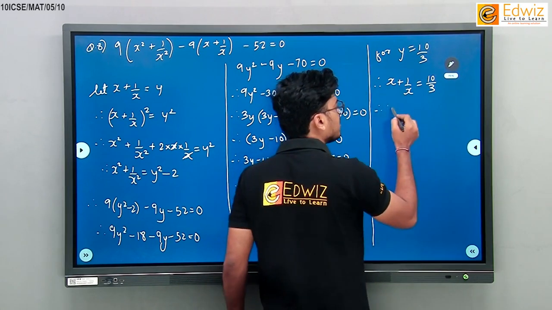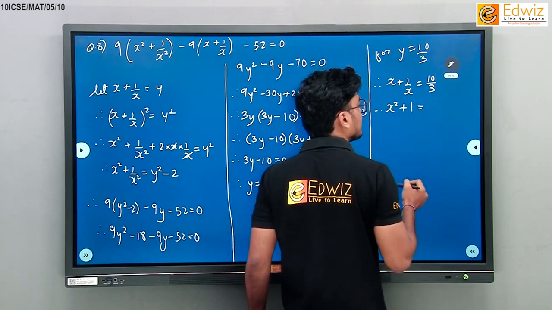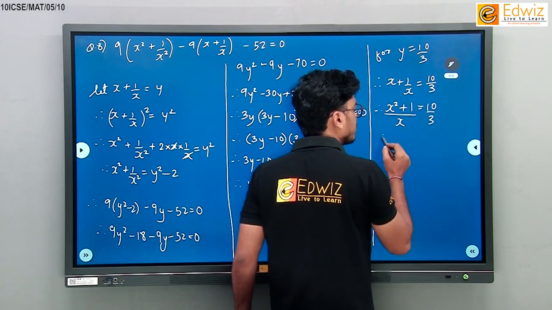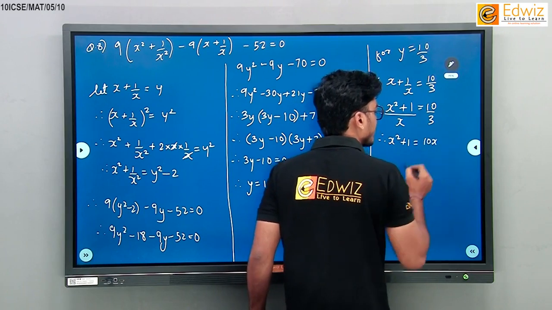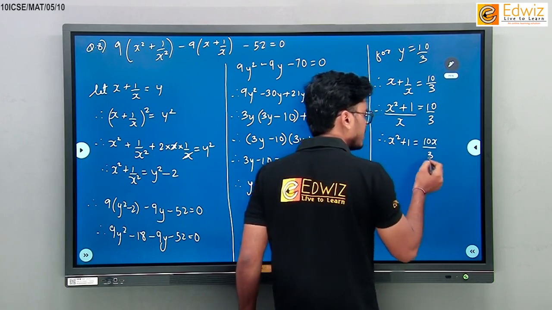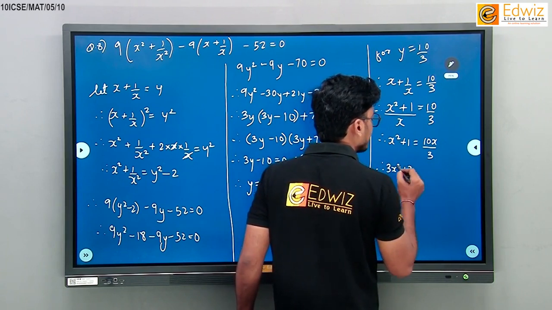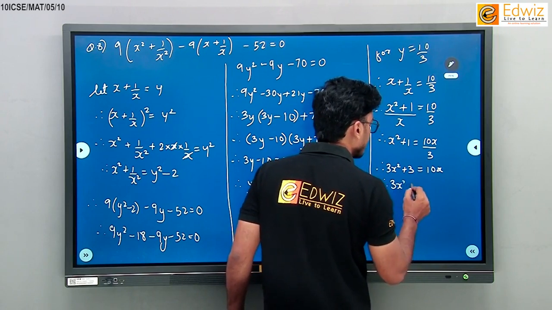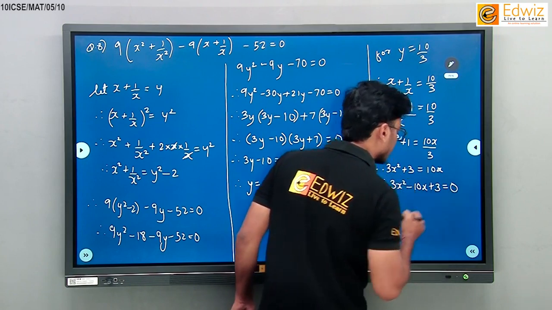So x into x will become x square plus 1 equal to 10x upon 3, as the denominator x goes to the other side. Now 3 will also get multiplied here. So 3x square plus 3 equal to 10x. The equation is 3x square minus 10x plus 3 equal to 0.